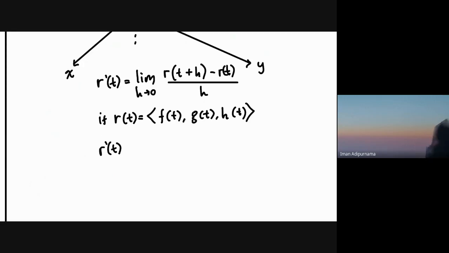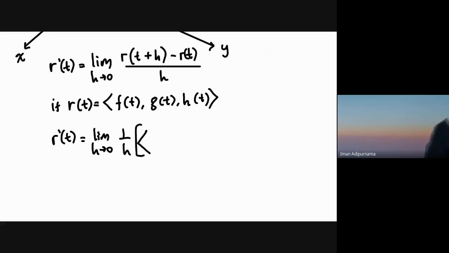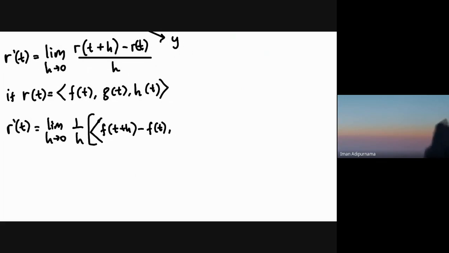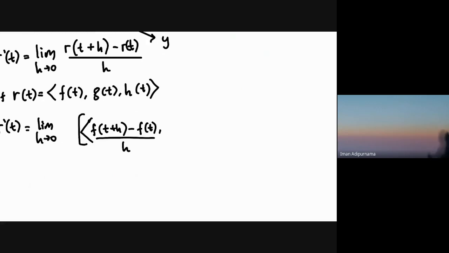So r prime. To simplify our equations, we write 1 over h on the outside of the whole equation. Now write everything with f, g, and h. So f, or maybe I'm just writing all in terms, and you can see the form.